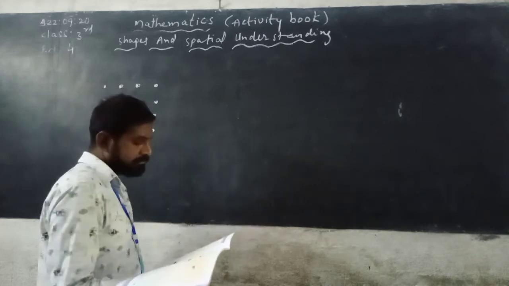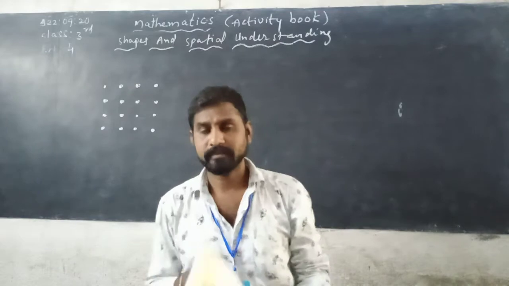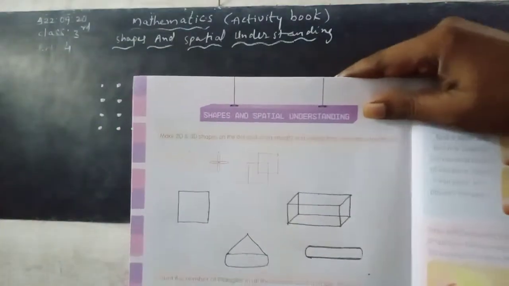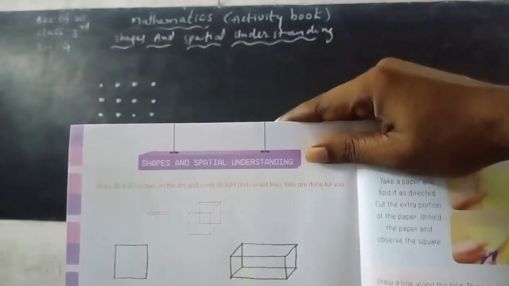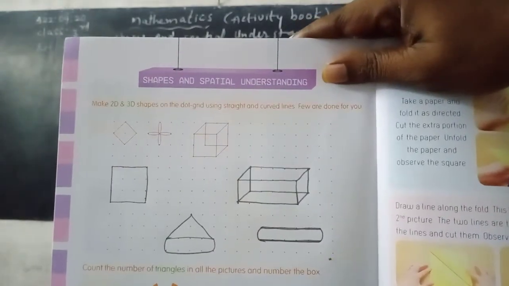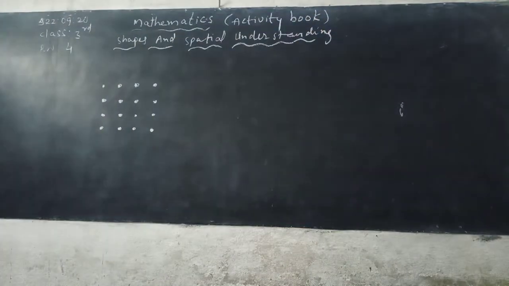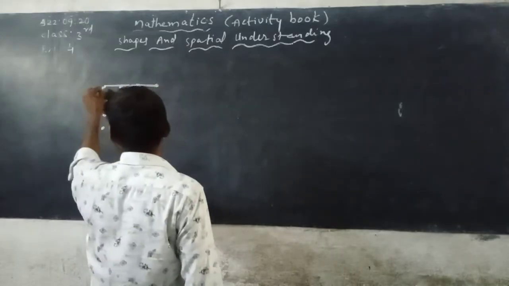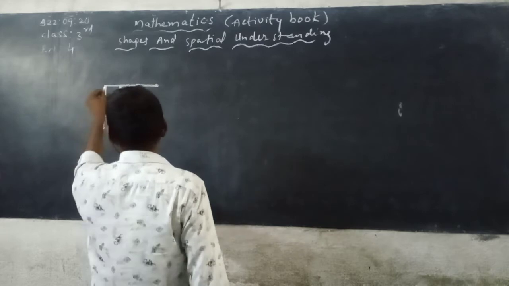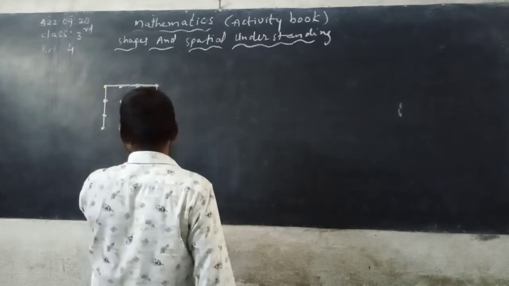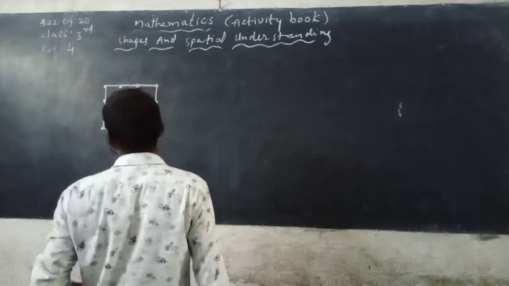This is a 2D shape. Now I can draw a square by using 4 dots in each row and each column. See here, you can join 4 dots like this. This is a square.